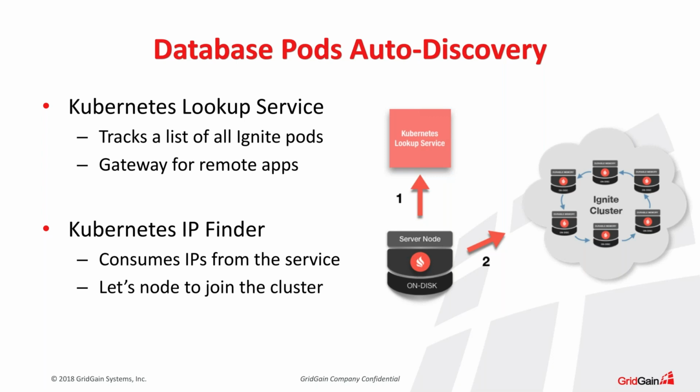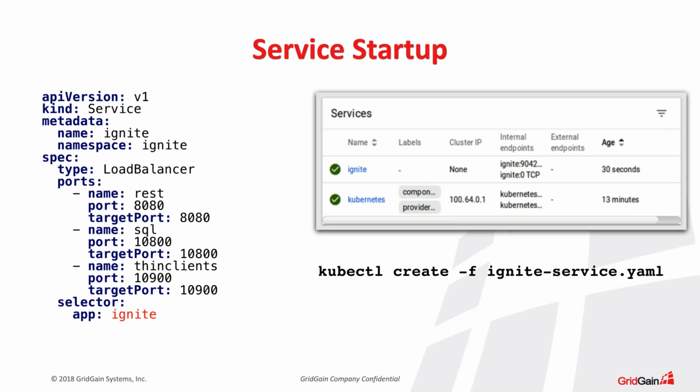So, if to elaborate on this service, the service configuration can fit on this single slide. This is how the service configuration looks for Ignite. I just copied and pasted it from the Ignite service YAML file.